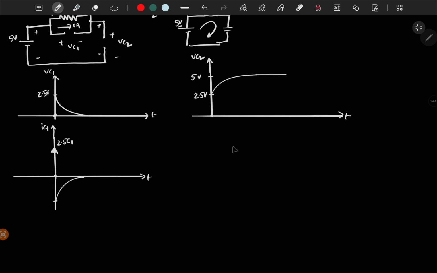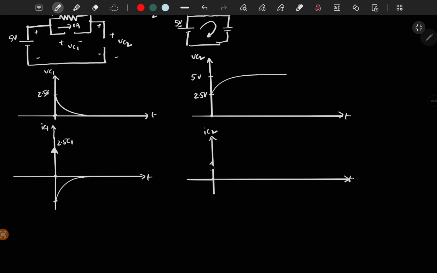And what about C2? So current through C2, IC2 with respect to time t, is, till t is equal to 0, the voltage is 0 and the current is 0. And at t is equal to 0, there is some sudden change, right, for C2 from 0 to 2.5.